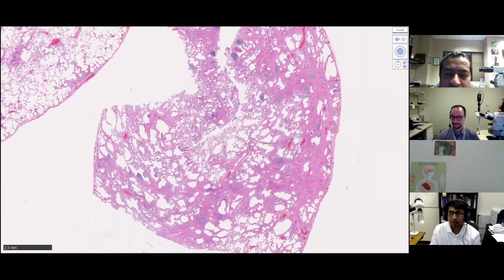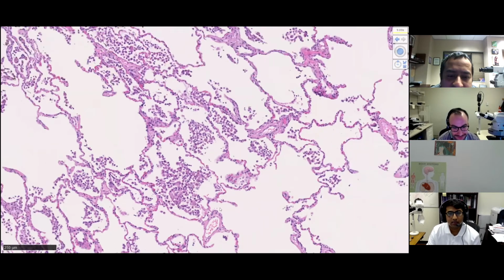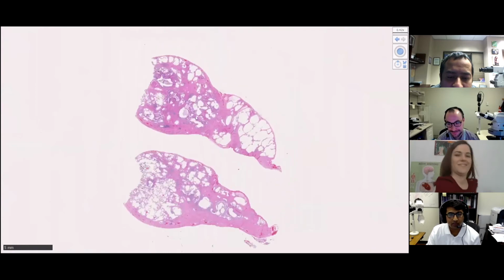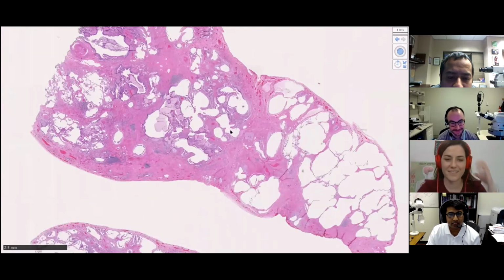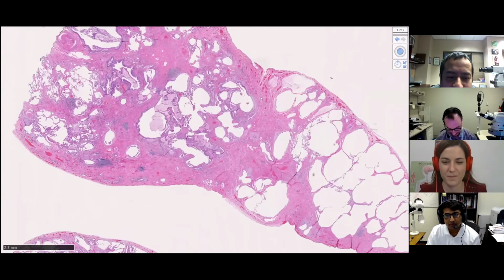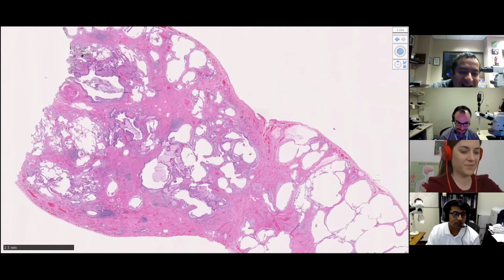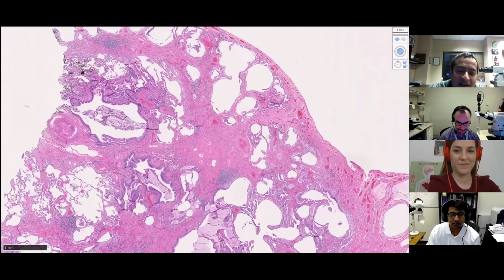Can you, Raghav, show us the middle lobe one more time before I put my thing down? So that's the middle lobe. We have two pieces here. One of the pieces has got these honeycomb changes, the peripheral fibrosis, the subpleural fibrosis. I think your description is biasing us. But how about the one below? No, the other piece, Raghav?